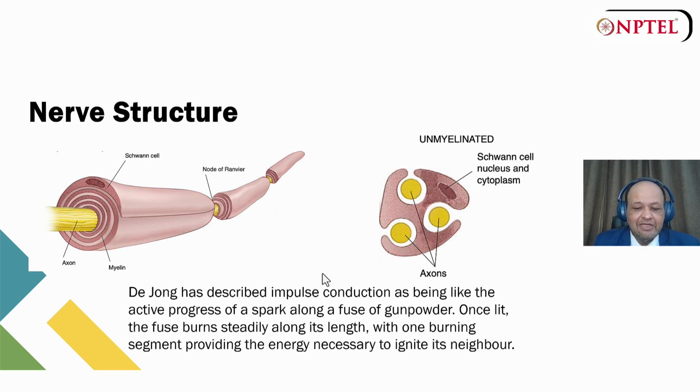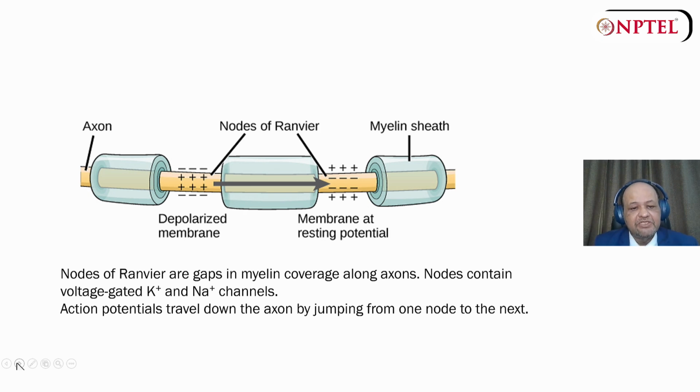Once lit, the fuse burns steadily along its length, with each burning section necessary to ignite its neighbor. So this is the importance of knowing the structure of the nerve sheath. And within that, if we see it in an illustration, you have the axon, you have the depolarized membrane.